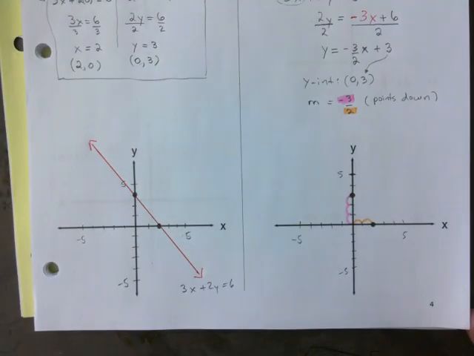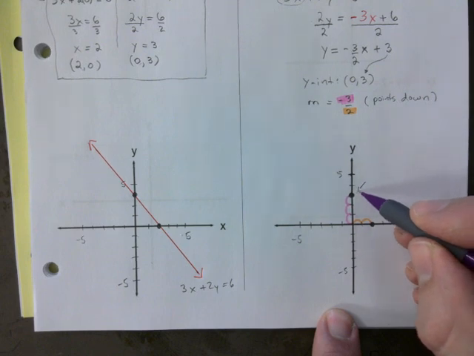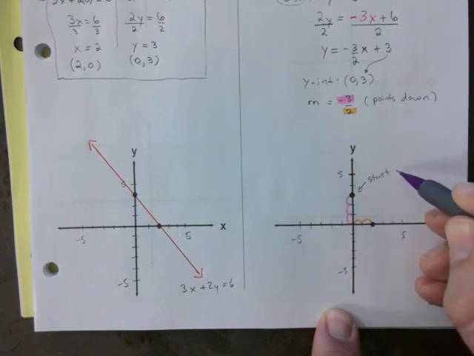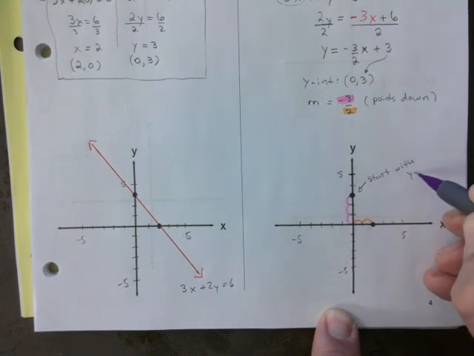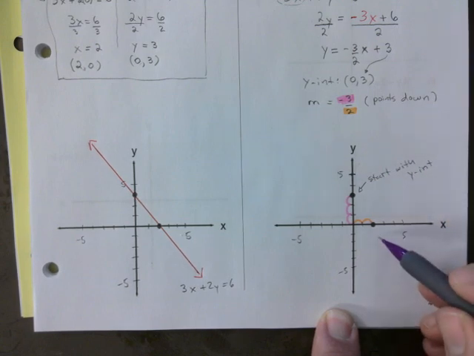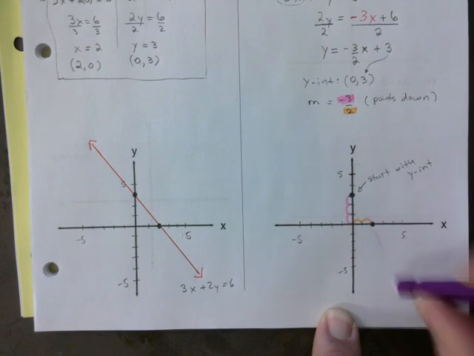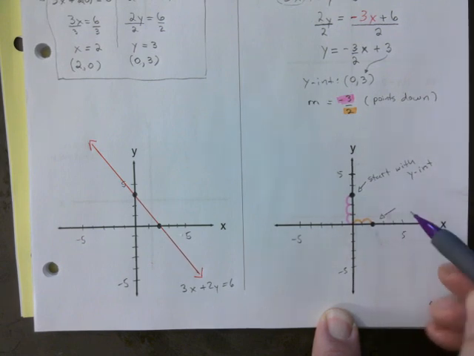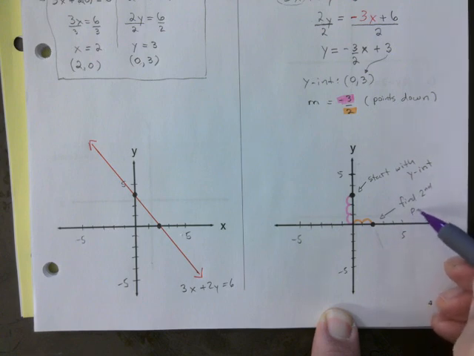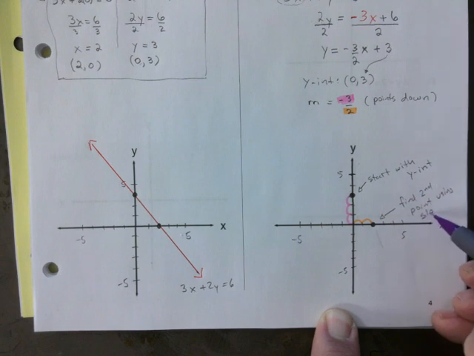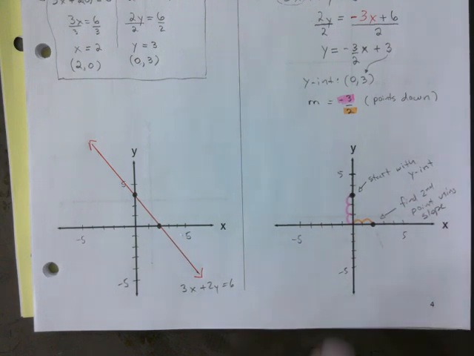Okay. So this is start here. Start with y-intercept, right? And then I'll say, oh, this is going to be in the way, so I'm going to have to redo this one. Find second point using slope. Okay.